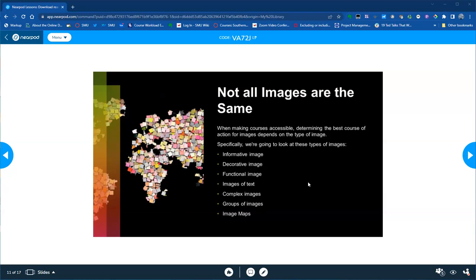Typically, it's something that you can click on. If we're clicking on the image instead of clicking on text, then it's a functional image, but we still need to know what the functional image is of so we know what to click.